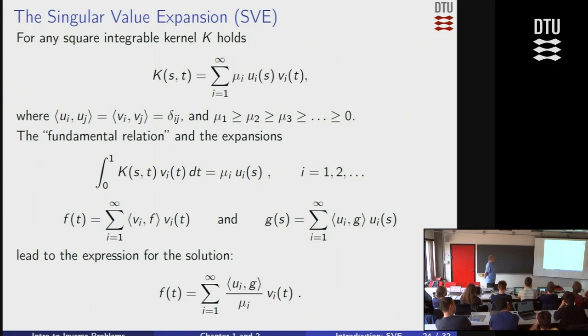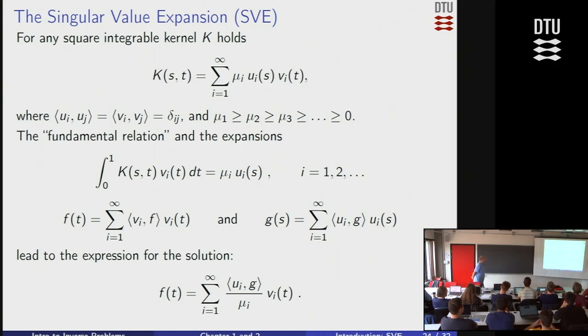Okay, so let's see. What more can we say? The u functions and the v functions, respectively, are orthonormal. And since they have been normalized, we need those scalars, the mu_i.